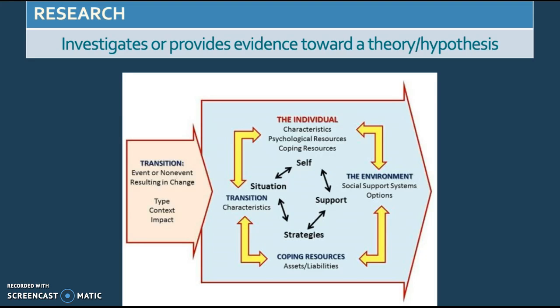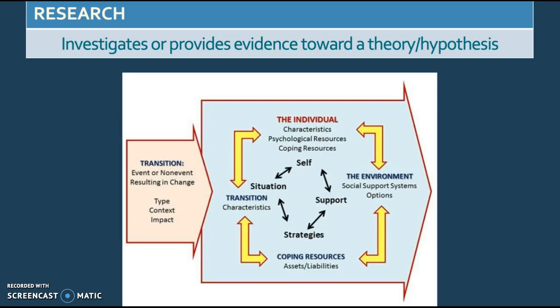And so the model that you see here on your screen is a diagram of Schlossberg's transition theory, where, as you can see, you've got the student who's transitioning, coming into the environment, right there in the middle, with the transition event pressing in from the left.